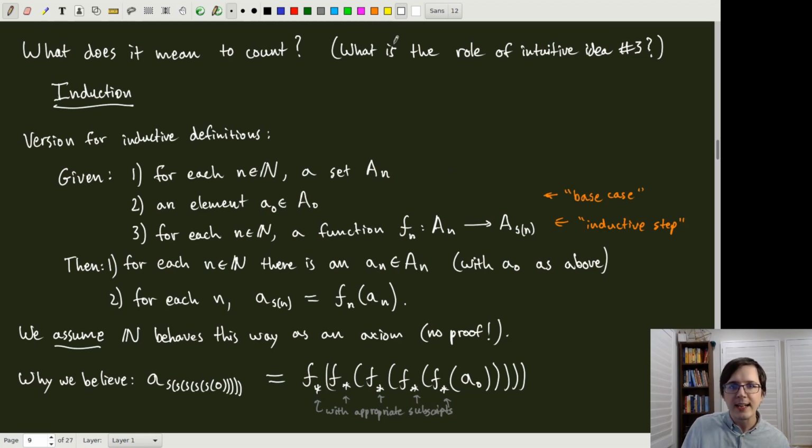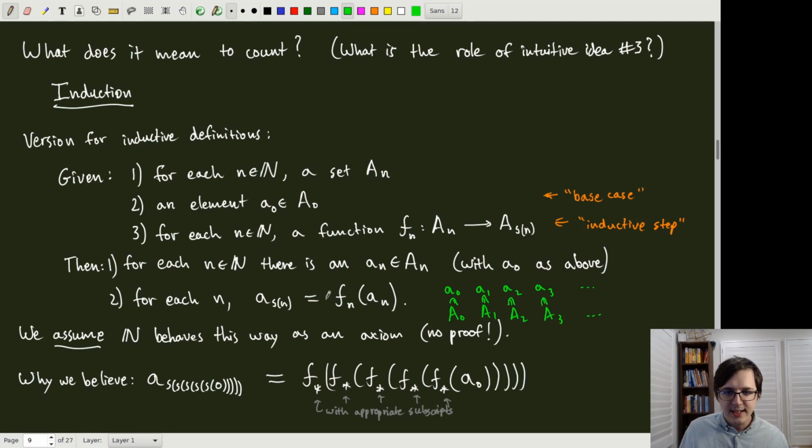So to annotate this a little bit better so you can see what's going on, we have a0, a1, a2, a3, and so on. And each of these is contained in a particular set. So these are all elements.